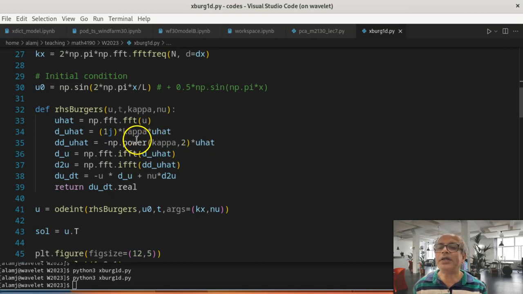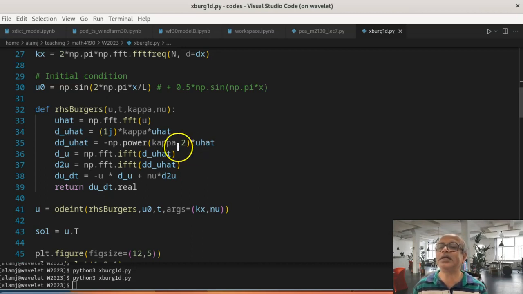I have programmed it in a way that I don't need to multiply 1j twice or use a power. I can just write a negative sign and np.power(kappa, 2) for the square, and then multiply by the Fourier transform u hat. So I have my first derivative on line 34 in the Fourier domain and second derivative on line 35 in the Fourier domain. Now I turn everything back to real space.